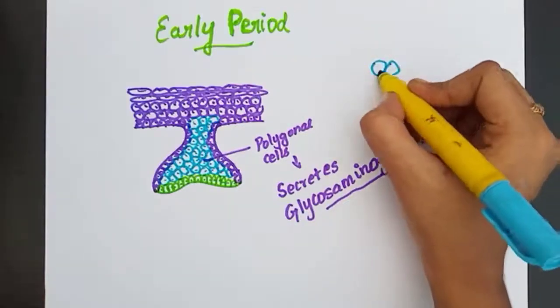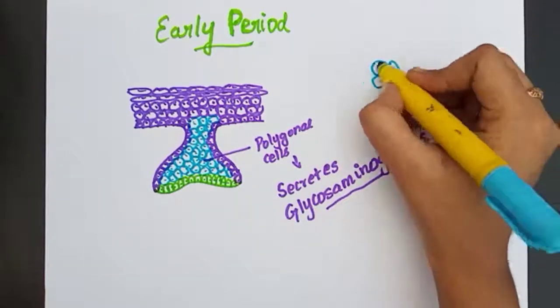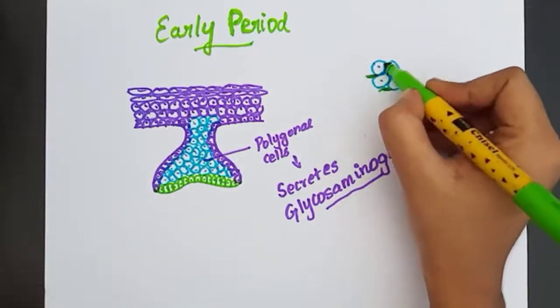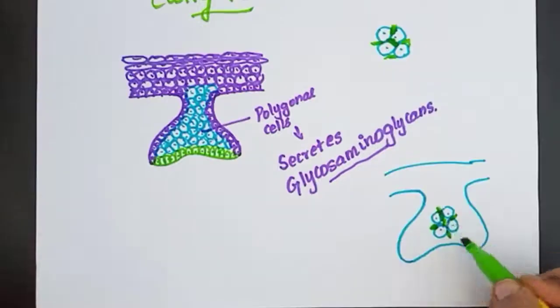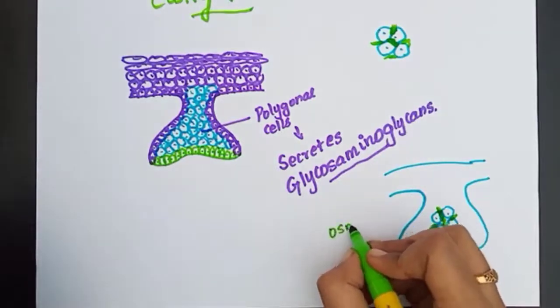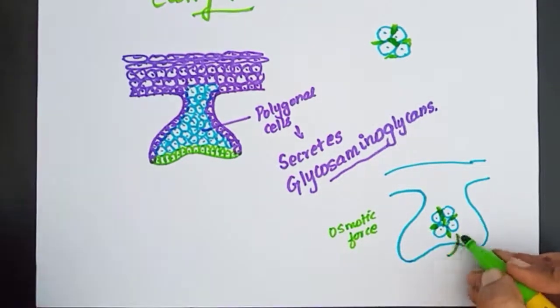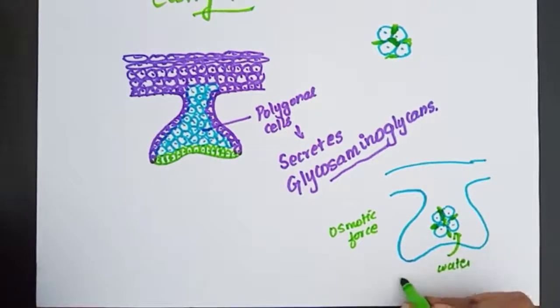Let's say these are the polygonal cells, alright? These cells secrete glycosaminoglycans in the intercellular spaces. Now, these glycosaminoglycans secreted from the polygonal cells exert osmotic force. And so, the water is drawn into the enamel organ from the dental papilla or the ectomesenchyme.